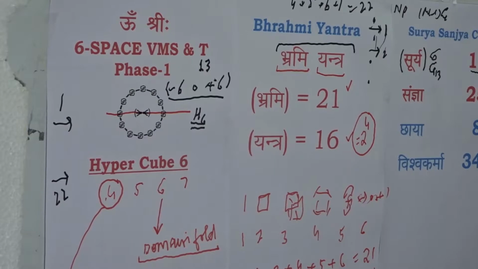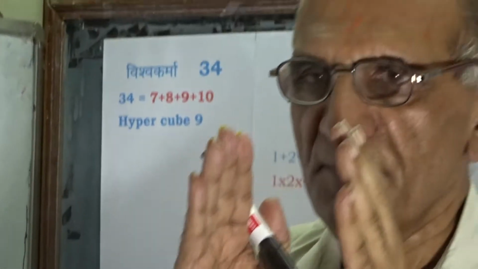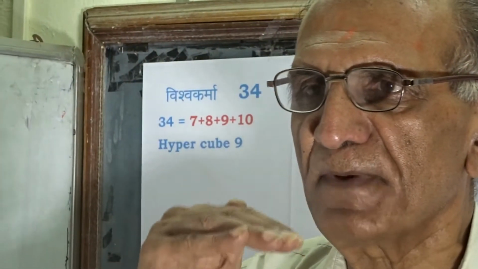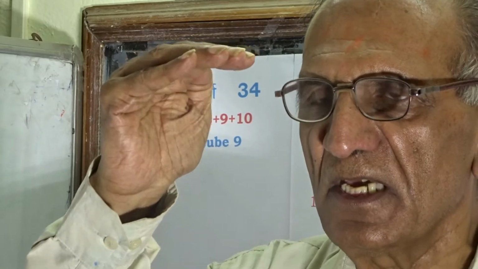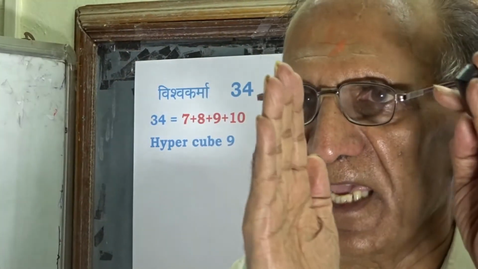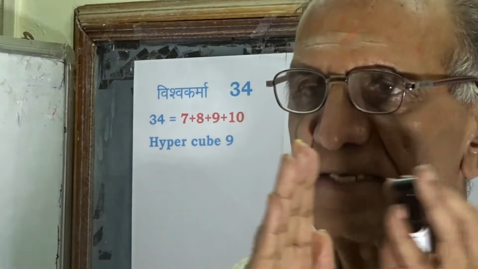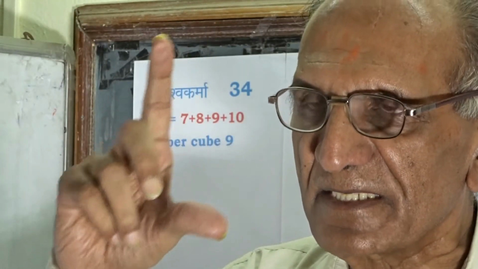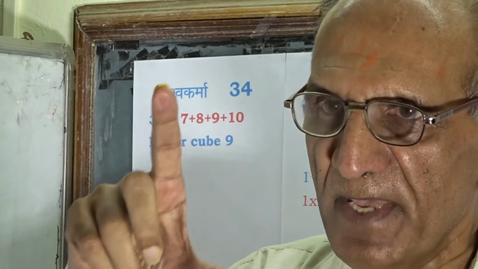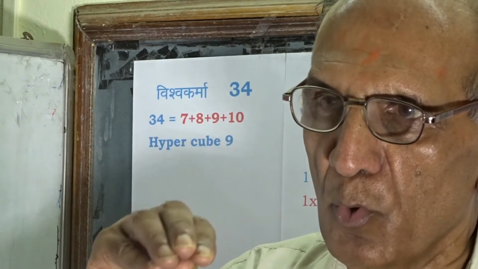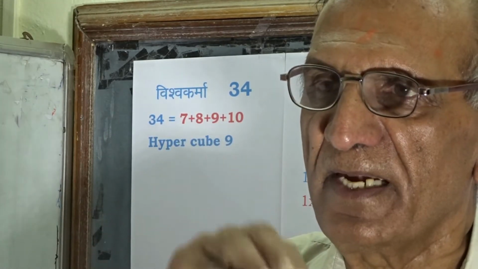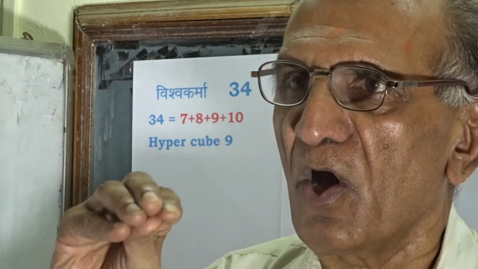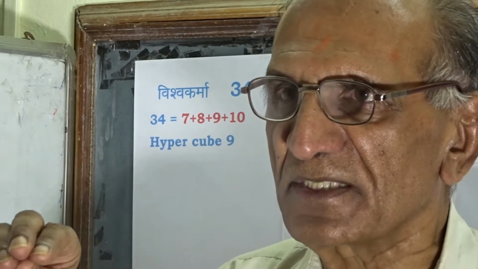We are now attempting to be face to face with 6 space VMST. 6 space VMST is a mathematics, sciences and technologies of a 6 space. 6 space is a space superimposed with a dimensional frame of 6 dimensions.